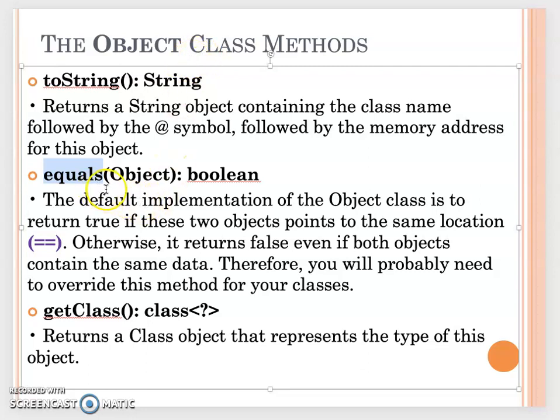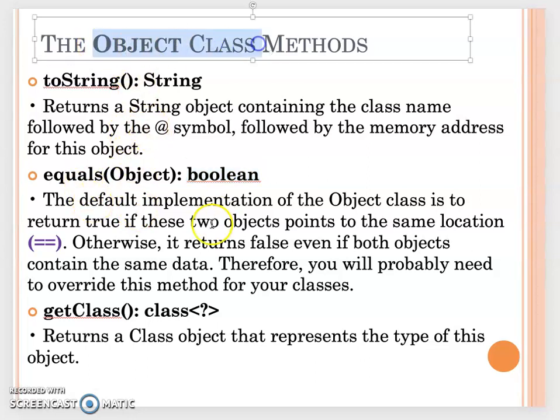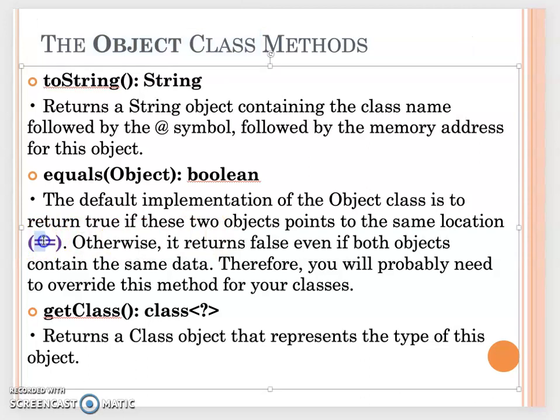We have the equals method passing the object, and the return type is boolean. It tells you whether these two objects are the same. In the default implementation in the Object class, they just return true or false using the equal operator.